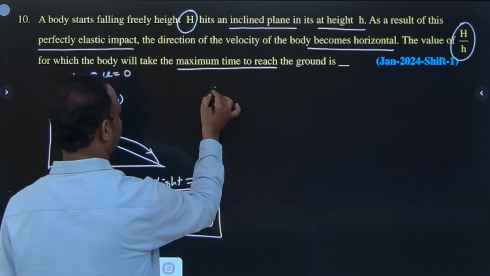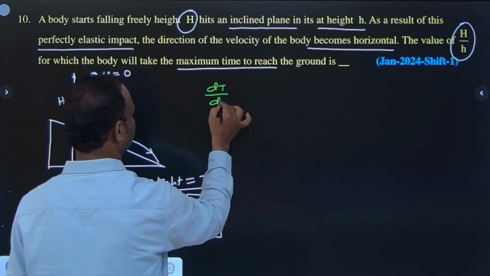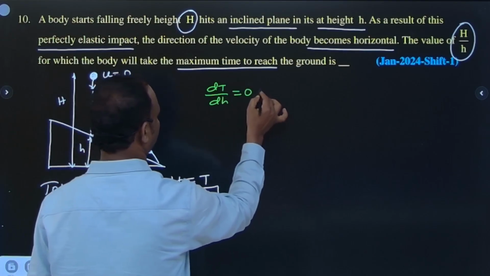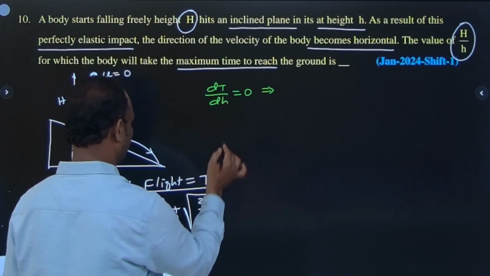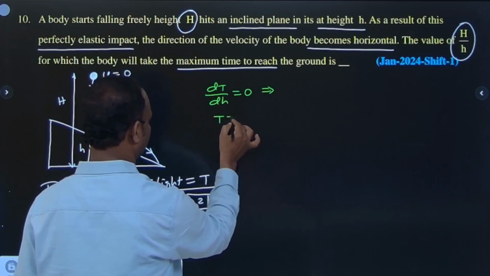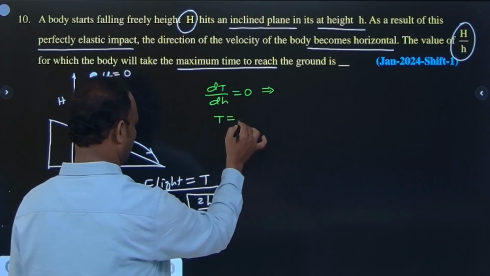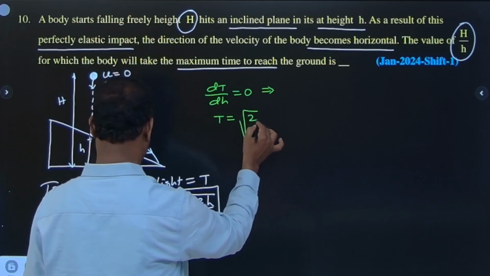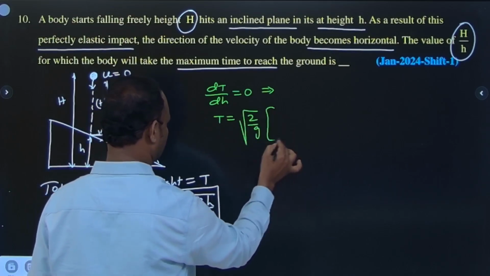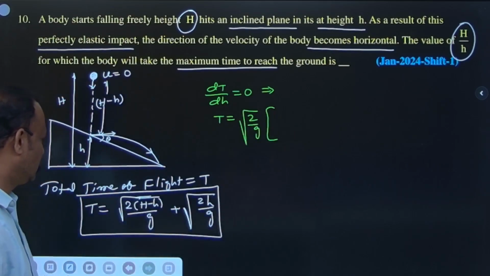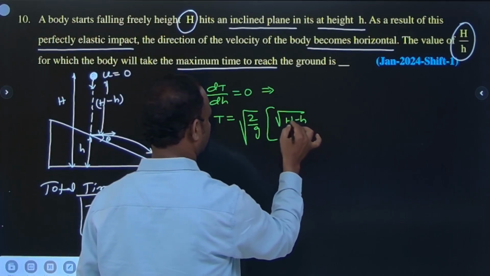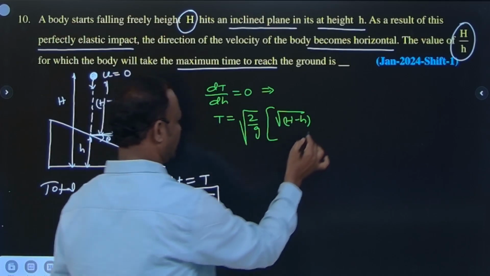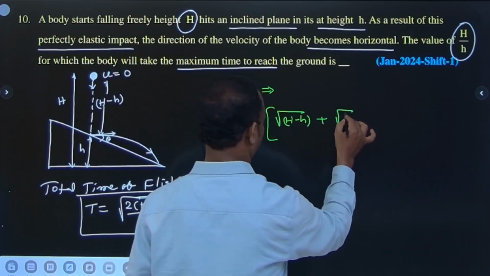It means dt by dh is equal to 0. So just simply writing T is equal to under root of 2 by g, which is common, times root of H minus h plus root h.